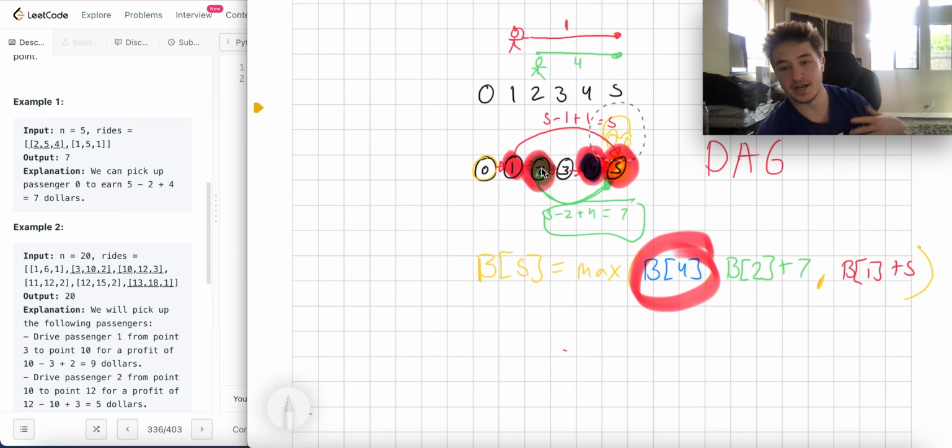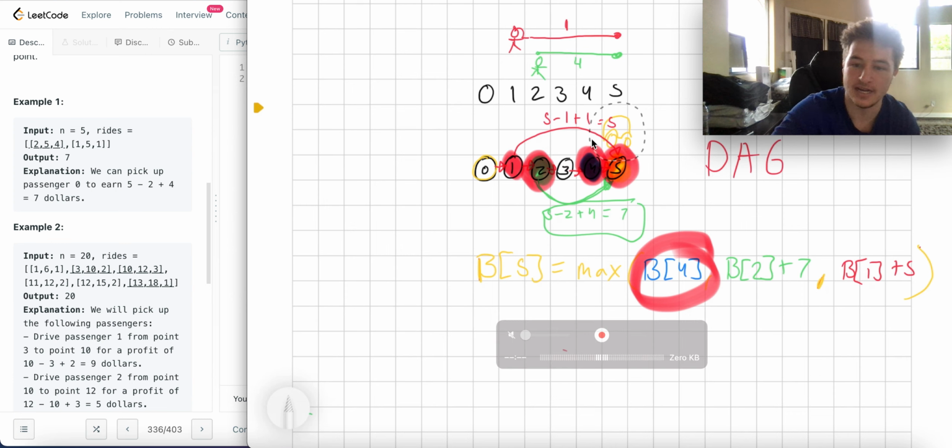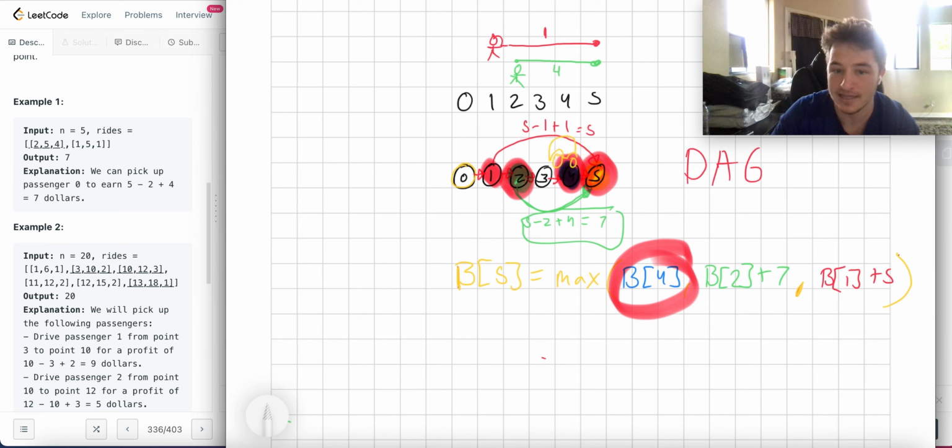Like, you passed up on a deal, and now that you're in the end state, you know if it was a good idea or a bad idea to pass up on that deal. So that's the basic idea of this problem. Since now you're in this state and you know how much you would have gotten if you just went to the previous state, meaning that you skipped 2 and 1, you'll have an understanding of whether or not that was a good idea or a bad idea, and you can populate what would have been the best for this system, given you know how much you would have gotten if you skipped the people that you could have taken, which is here, right?